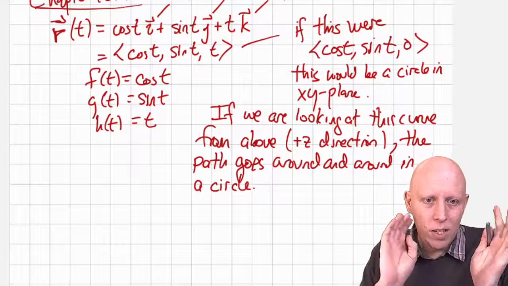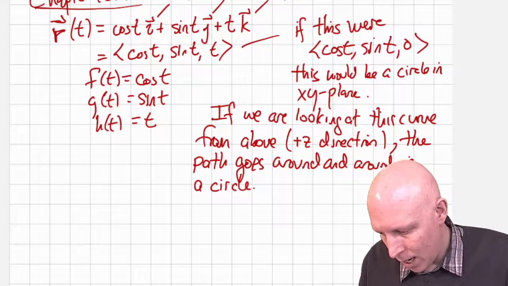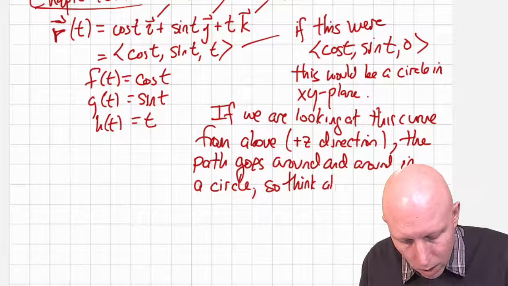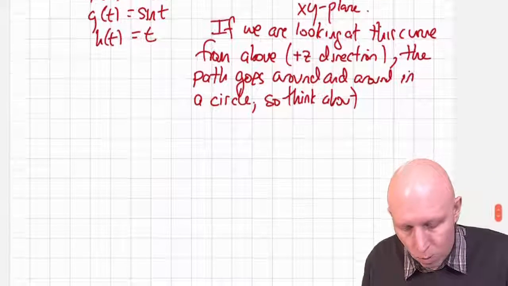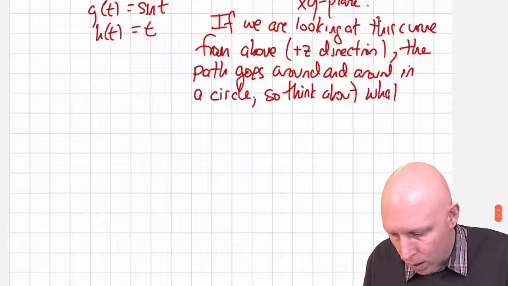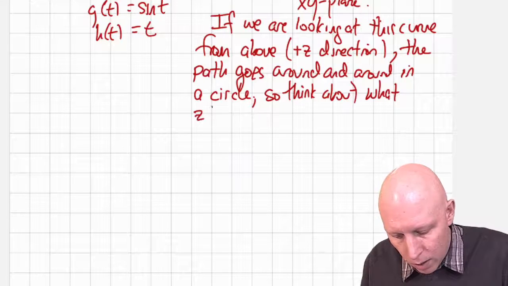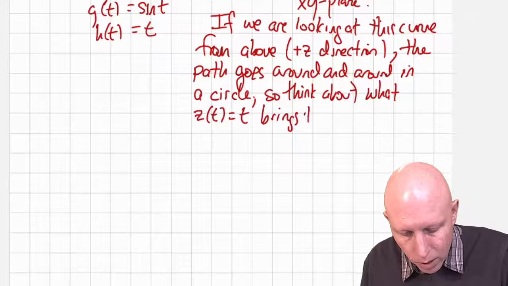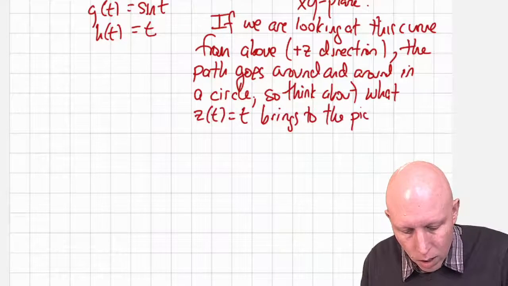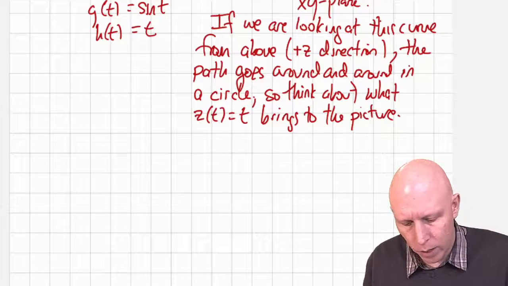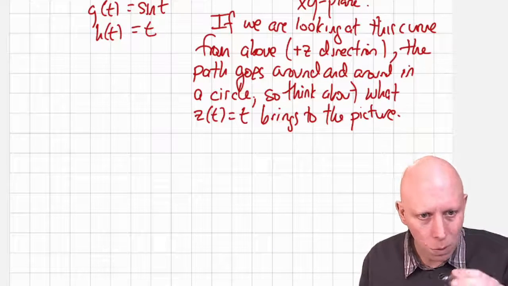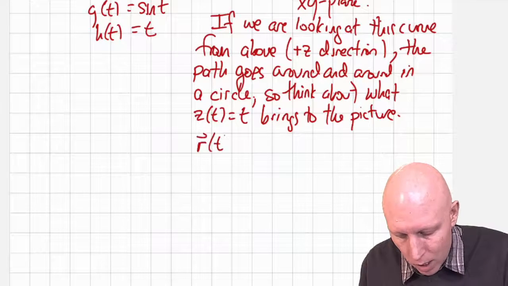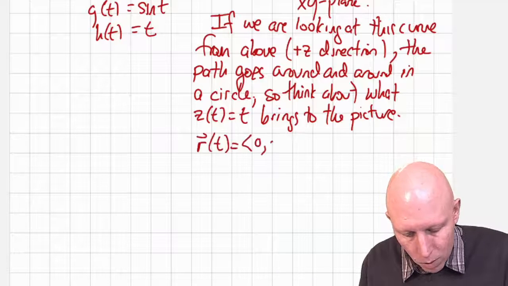So let's just now think about the z-coordinate itself. Think about what z of t equals t brings to the picture. If we just had the z-coordinate, what would it look like? It would look like r of t is equal to 0, 0, t.